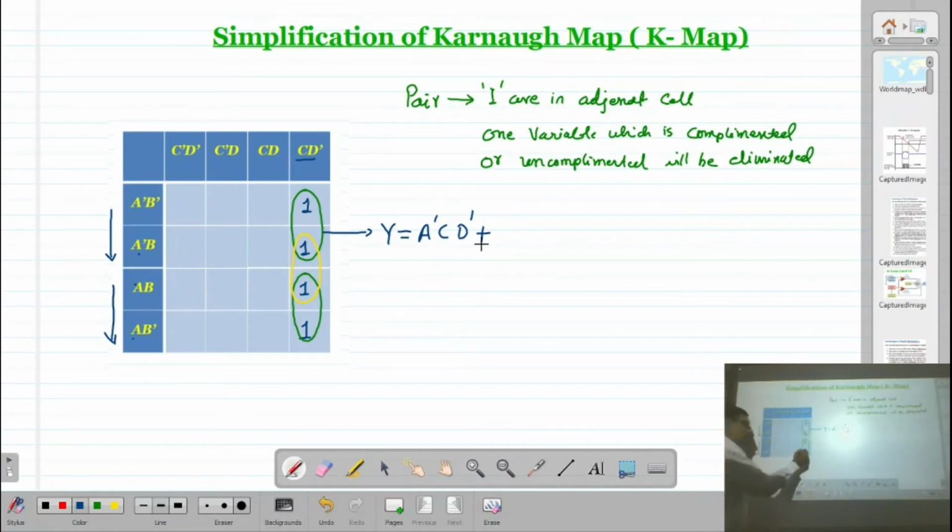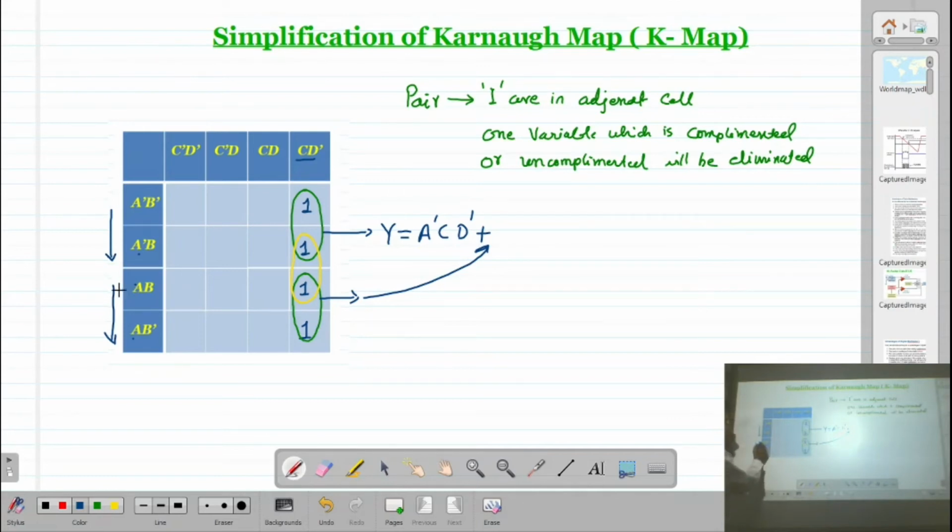Then another pair is also there in a Karnaugh map, so I have to write a plus, because the Karnaugh map is generating a sum of product equation. Remember, this is my product, then I am taking a sum with another product. Here if you see the expression, again CD prime is constant.